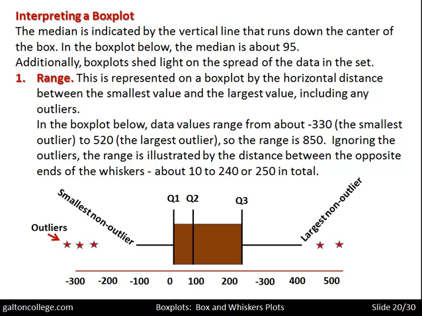Say it's about 10. And if we draw Q3 down to that horizontal number line on the bottom, it's somewhere about 240. So if we ignore the outliers, we'd have something like a range of 250.